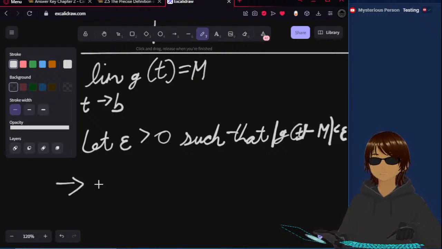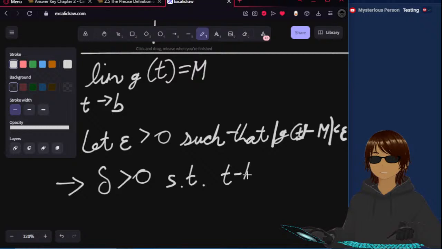That would mean there exists some delta such that the difference between t and b exists.